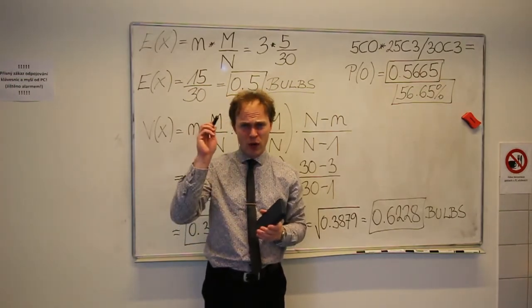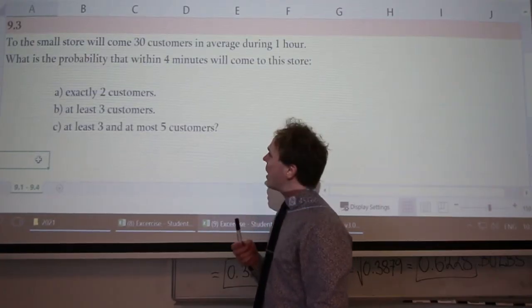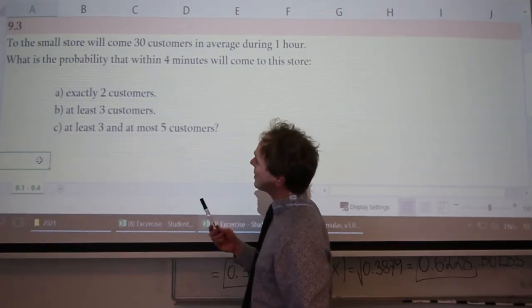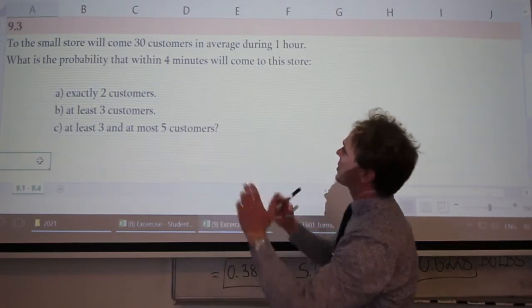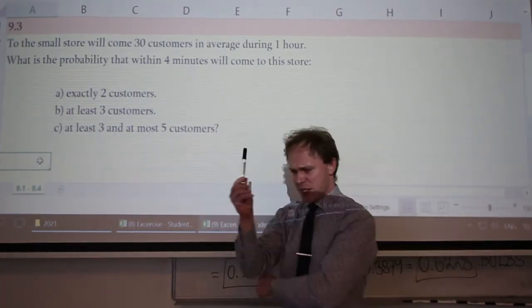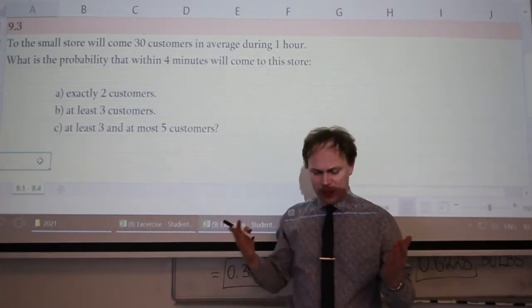I will show you another distribution. There we have another very important example. To a small store come 30 customers on average during 1 hour. So this is your long-term observed statistic.